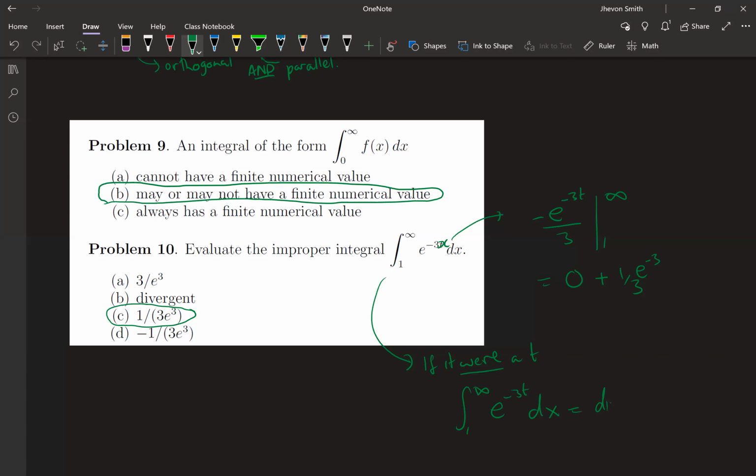Yeah, it would just diverge. Because then this integral would just be a constant times x, and then you plug in infinity for the x. That's going to be infinity minus the constant. So that would be divergent. But I think that was a typo.